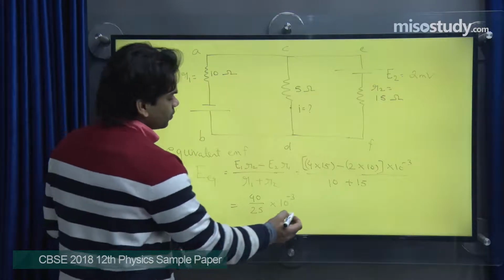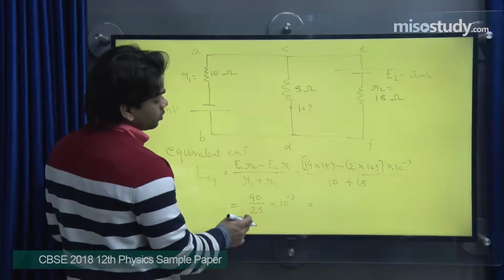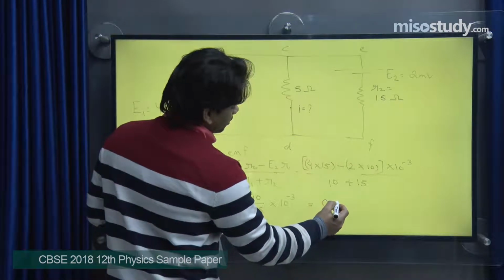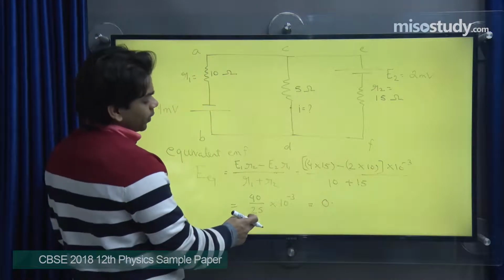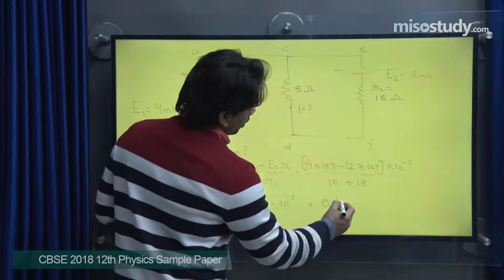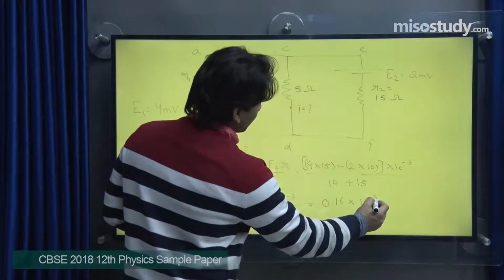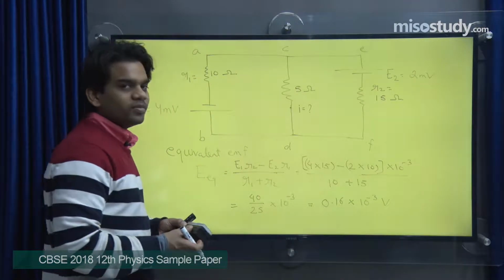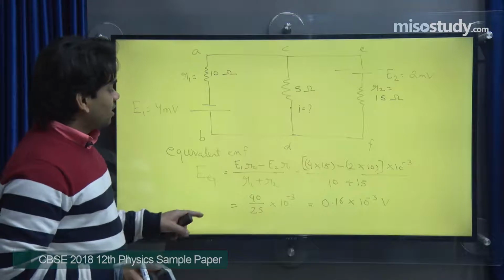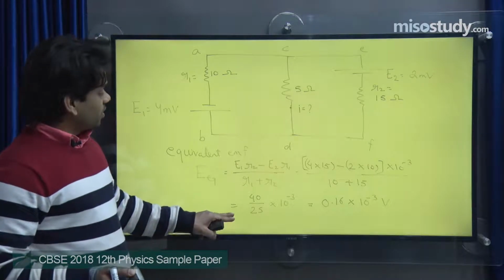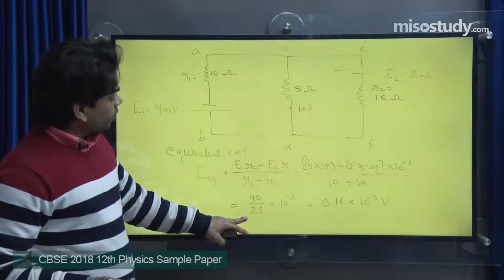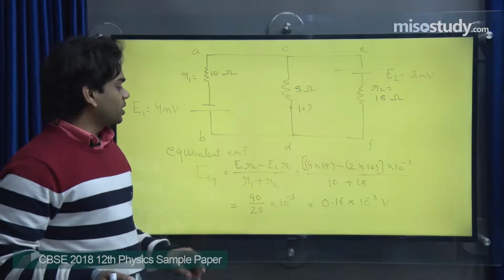I can write here 400 divided by 25. This will give you 0.16 into 10 to the power minus 3 volt. 400 by 25, 4 into 4 is 16, so 0.16.